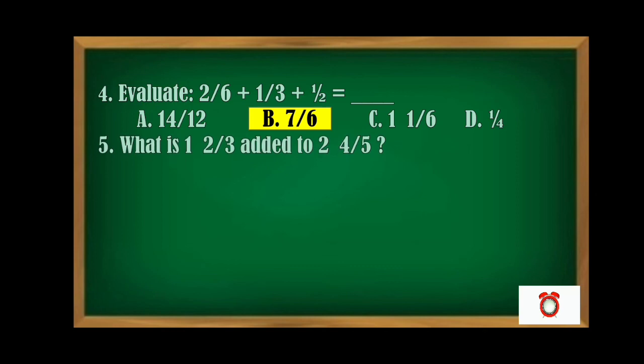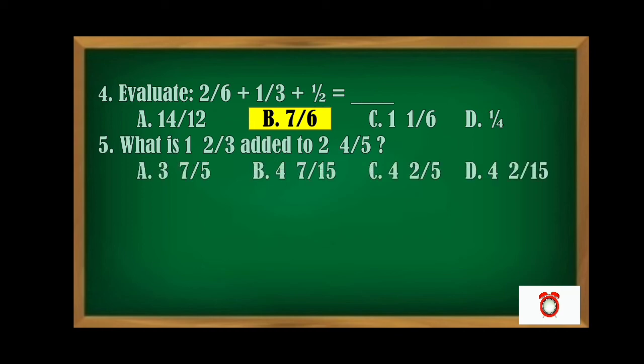And for number 5, what is 1 and 2/3 added to 2 and 4/5? Is it A, 3 and 7/5, B, 4 and 7/15, C, 4 and 2/5, or D, 4 and 2/15? Alright, the correct answer is letter B, 4 and 7/15.